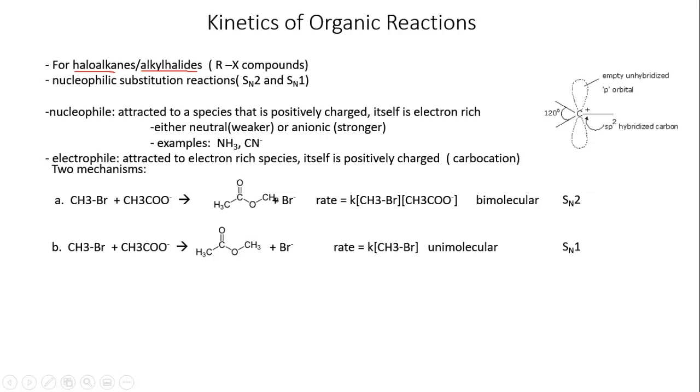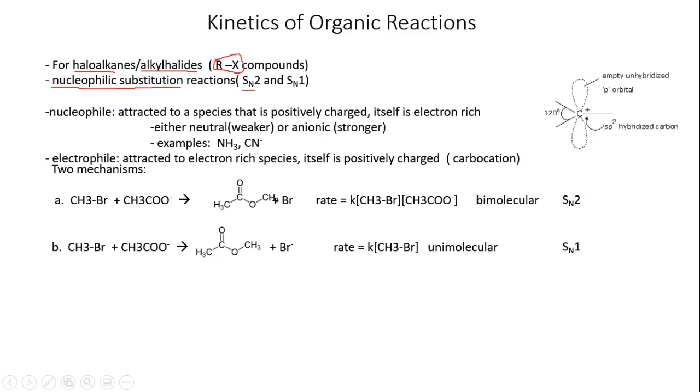And the general form is RX, where R is a carbon group and X is a halogen. In particular, we're going to be discussing nucleophilic substitution. So we're going to be substituting one nucleophile for another, usually a stronger nucleophile replacing a weaker one.